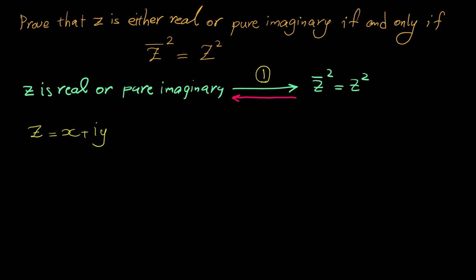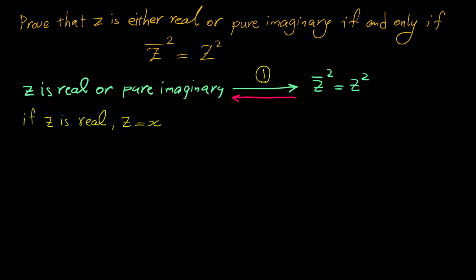But if z is real, then it means that z is only x and its imaginary part is 0. So z has only one part, and that part is the real part, and real part we show with x.